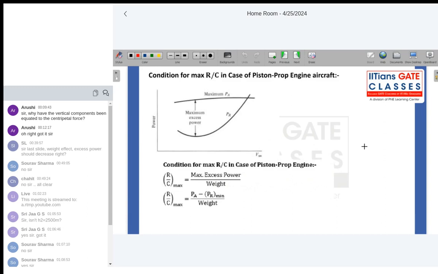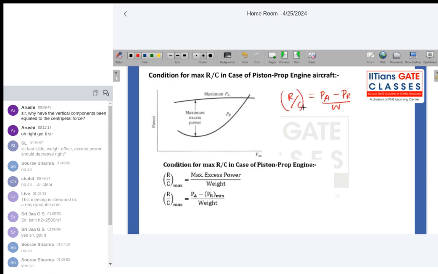Now, what is the condition of maximum rate of climb for a piston engine aircraft? This is your power required curve. This is your power available curve. Rate of climb is nothing but power available minus power required divided by weight.